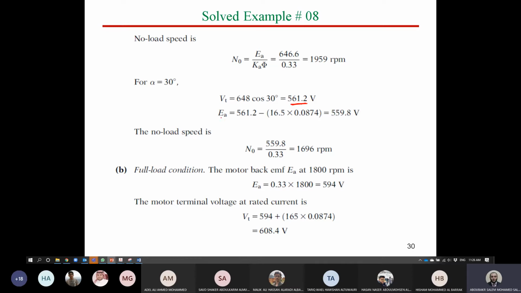So we can obtain again the value of EA at this firing angle and obtain the required voltage, the EMF voltage, and then substitute in the relation to obtain the value of speed. As you can see, speed here is lower than the previous speed. Why? Because the voltage at firing angle equal 30 is lower than the voltage at firing angle equal 0.